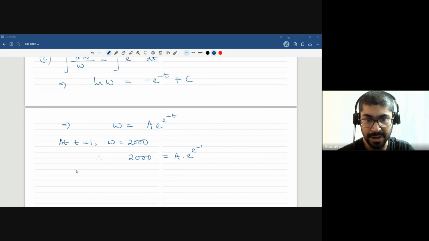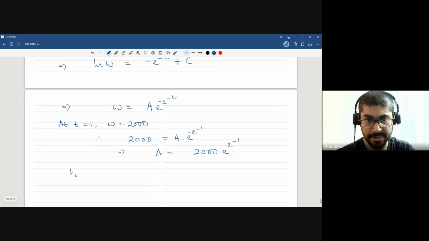So that means I'll get A equal to 2000 divided by this. This minus was there, so I can just write it as multiplication. So A will be 2000 into e to the power minus 1.